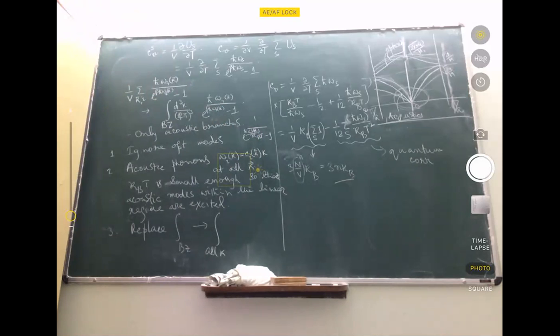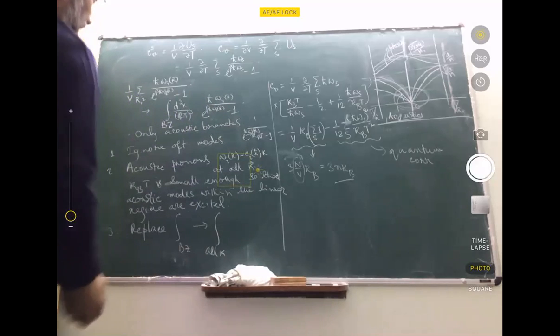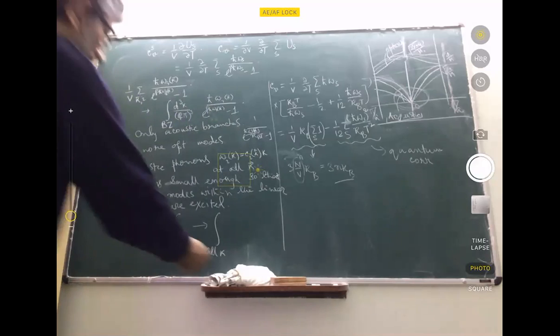So with these approximations, now the exercise is straightforward. You just have to evaluate that integral, take the temperature derivative, and you get the specific heat.